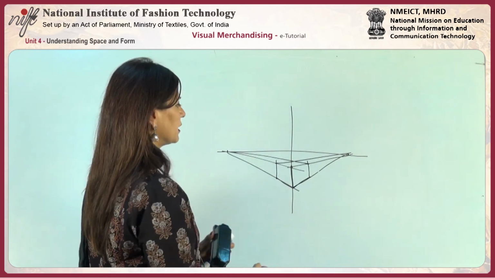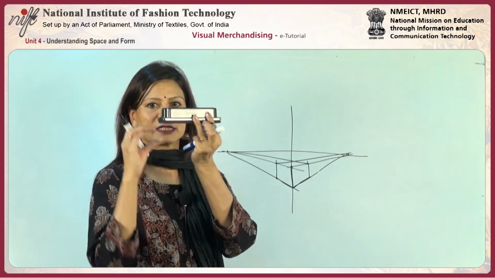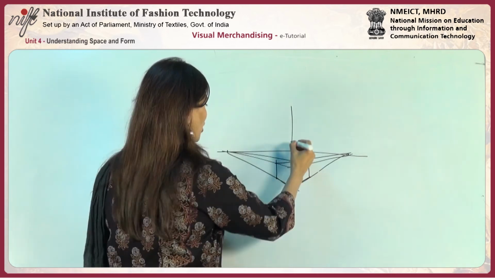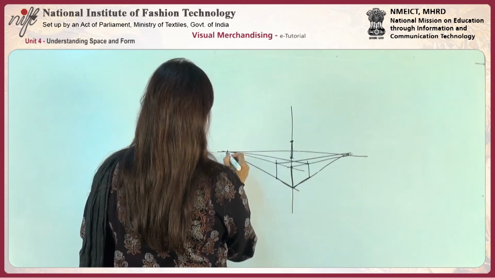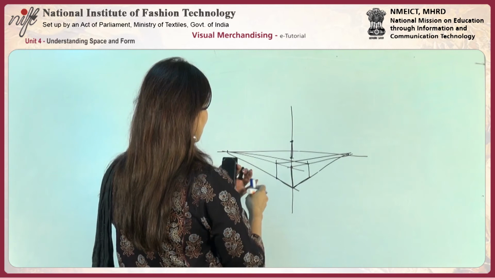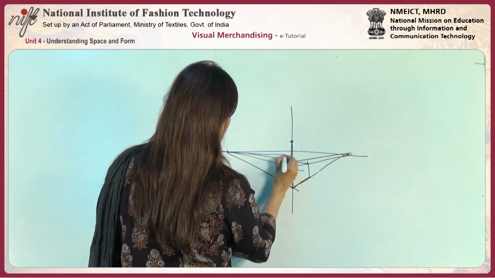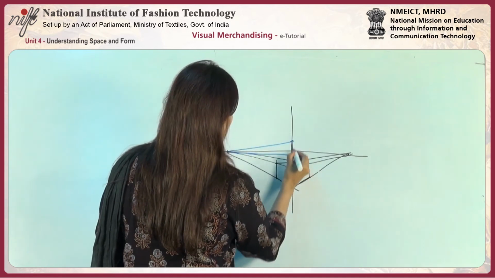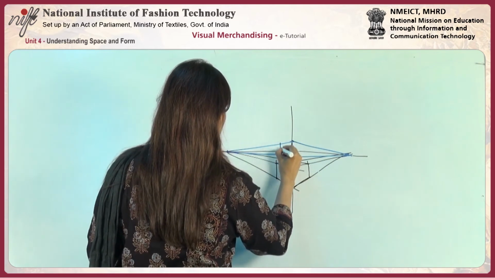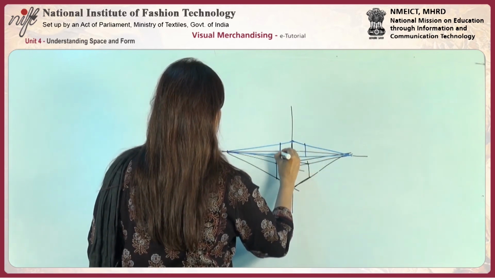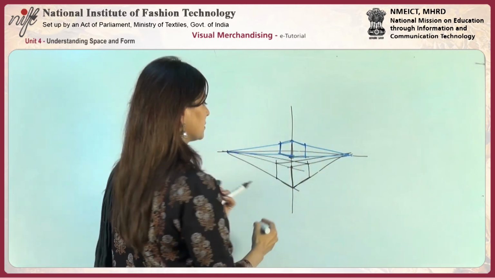So this is my aerial perspective. If the same box was at eye level, then the box would be half up and half down. So my box would be taking the same vanishing points, would be like this, and if this is the height, so I would get the box in this manner.